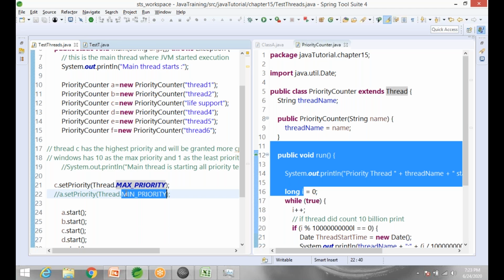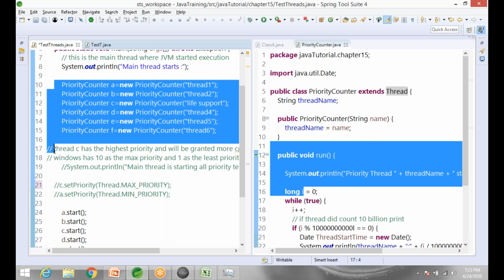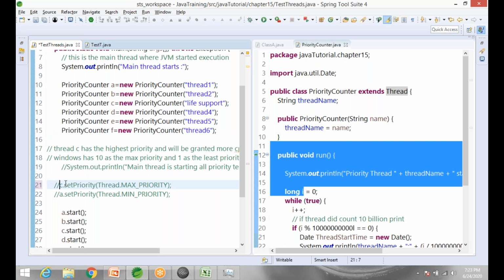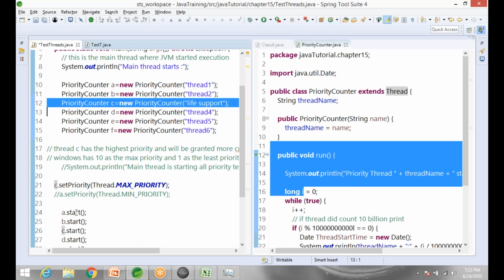You can also do minimum priority. If you do not write this, basically all the threads will run at equal priority, meaning medium, normal priority. If you want to prioritize, then you can say for job C, I want to give maximum priority.